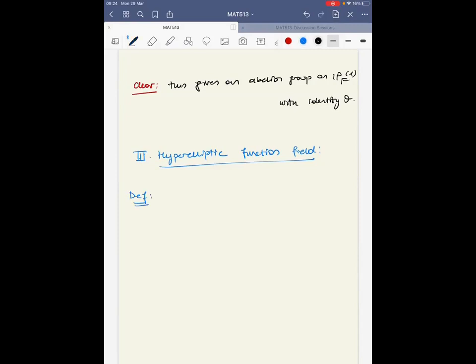So again, we will define these function fields in terms of their genus.